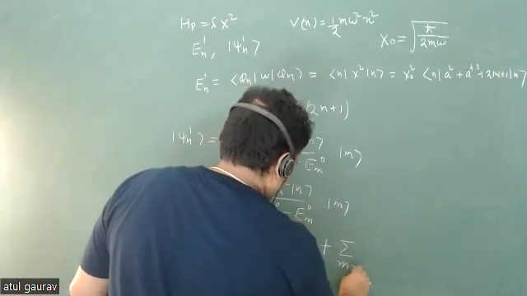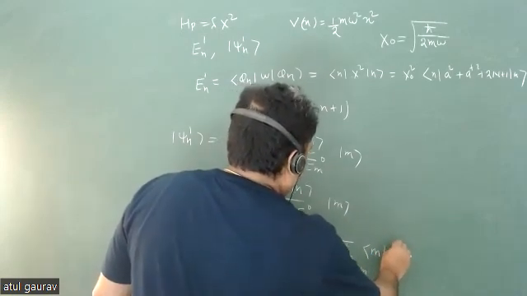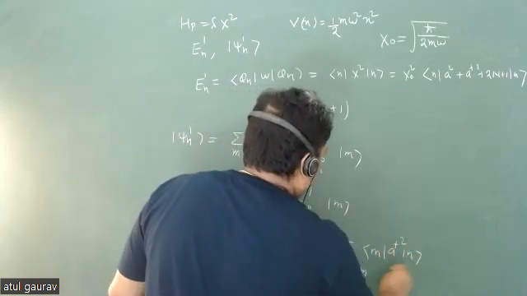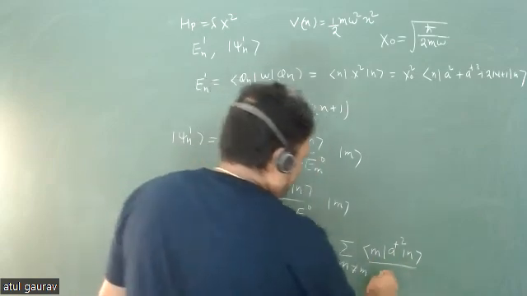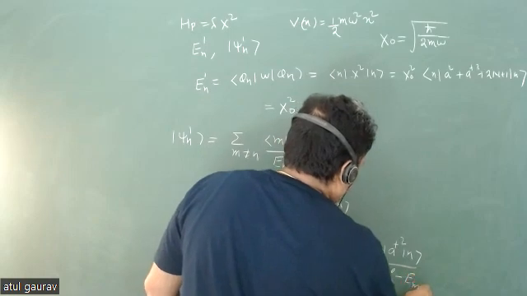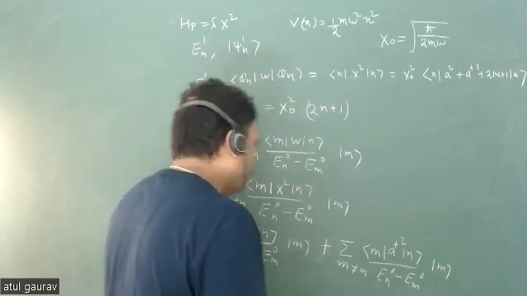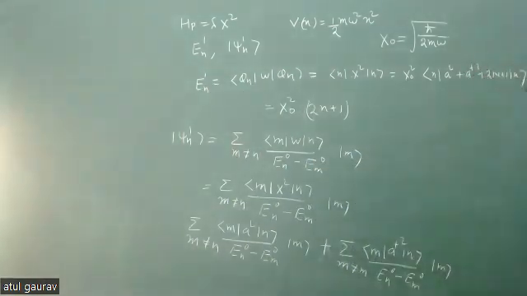A dagger square. So m is equal to naught, n m a dagger square n, and you have En0 minus Em0, m ket. And what about your third term? So there will be a third term also. Okay, I am writing this third term here.